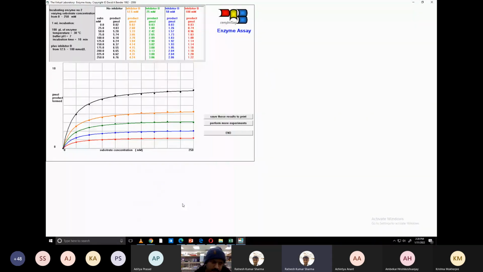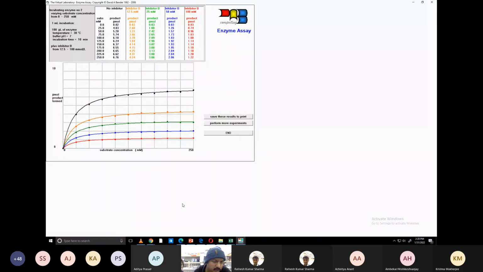That kind of graph we cannot get using this software perhaps. Okay. So what you want to know is why only the product formed is changing, not the slope or anything else. Yes, sir.